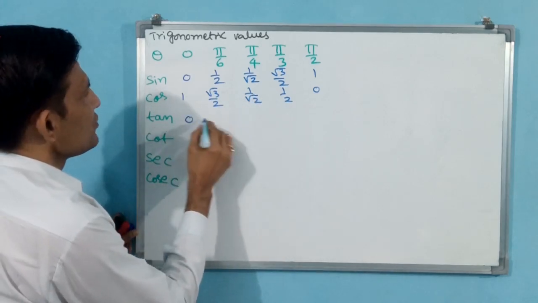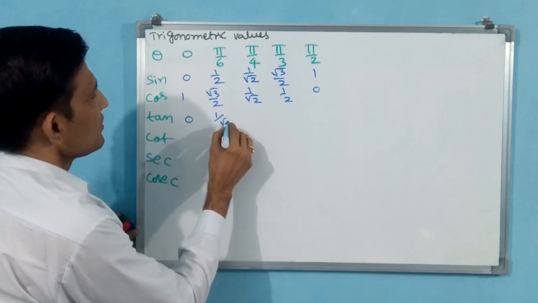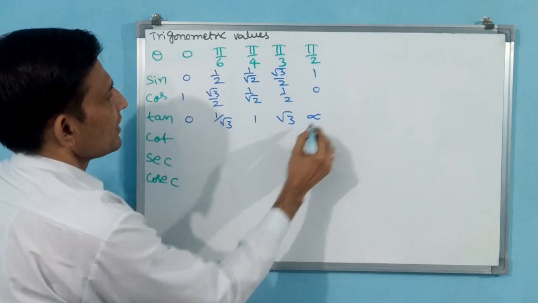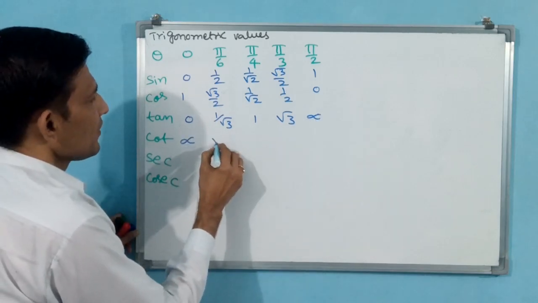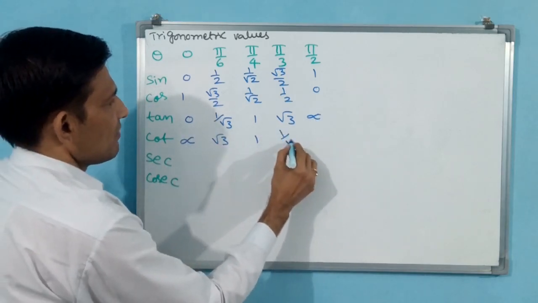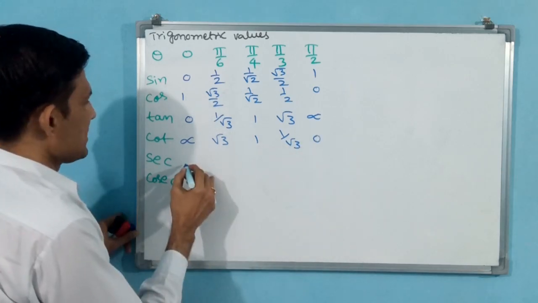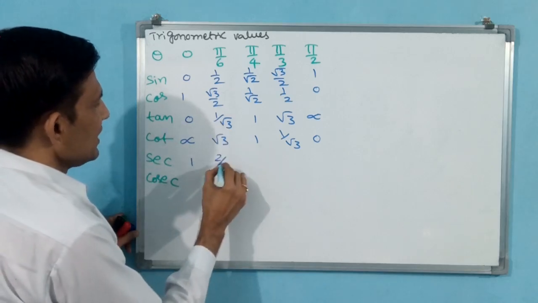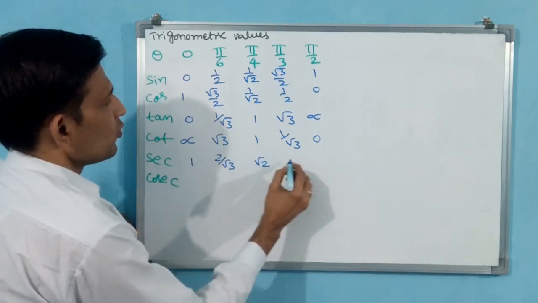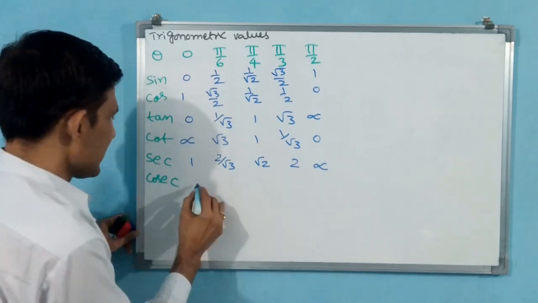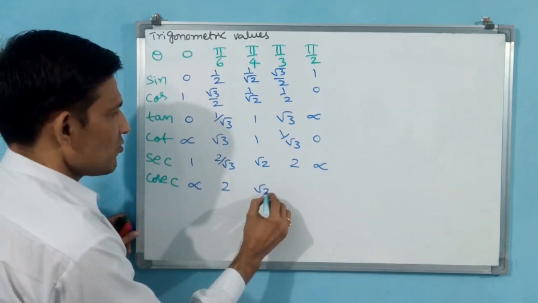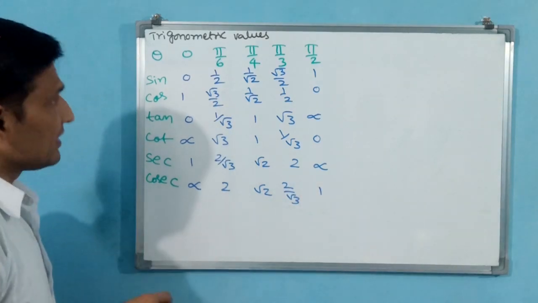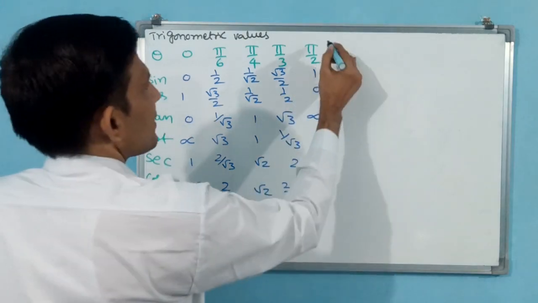Tan: 0, 1 by root 3, 1, root 3, infinity, infinity, root 3, 1, 1 by root 3, 0. Secant theta: 1, 2 by root 3, root 2, 2, infinity. Again infinity, 2, root 2, 2 by root 3, 1. Okay. These are the values of trigonometric functions.